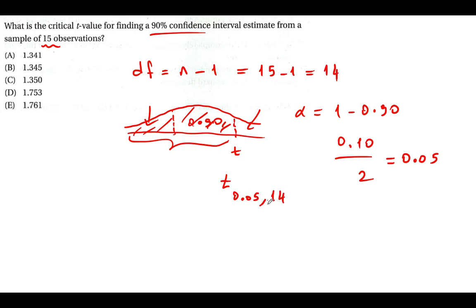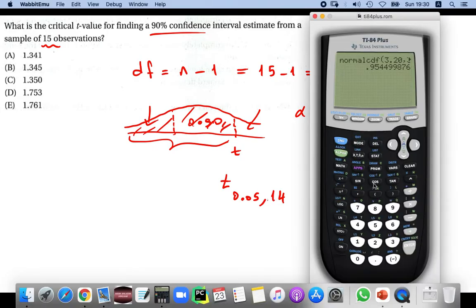So if I write this in my calculator, so where was it? Second, it was inverse t, right? Inverse t. When I write it, the area is 0.90 plus 0.05, which is 0.95, and degrees of freedom is 14.